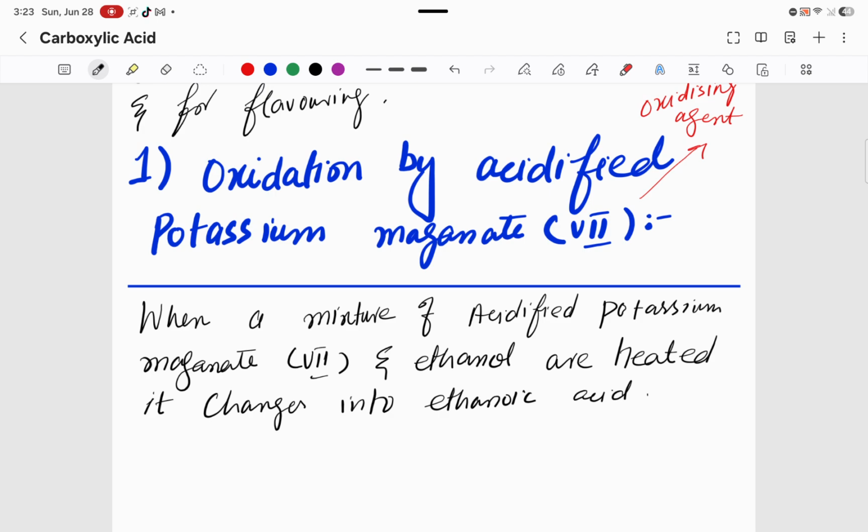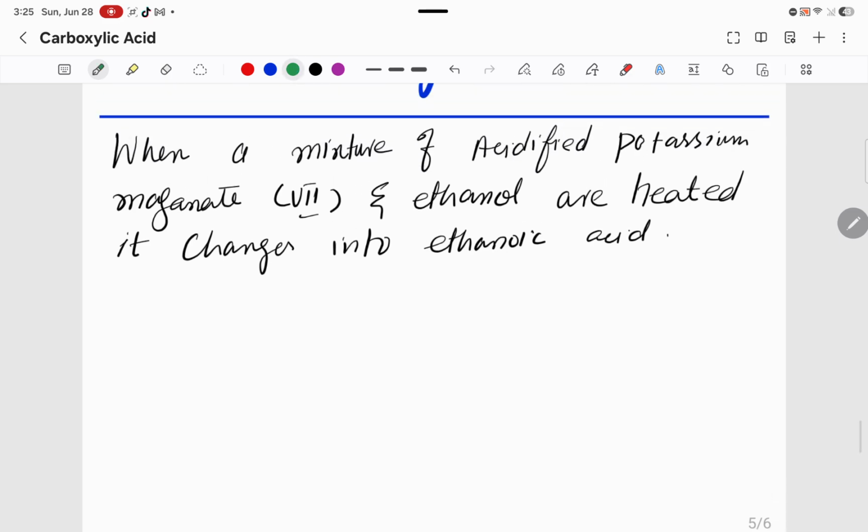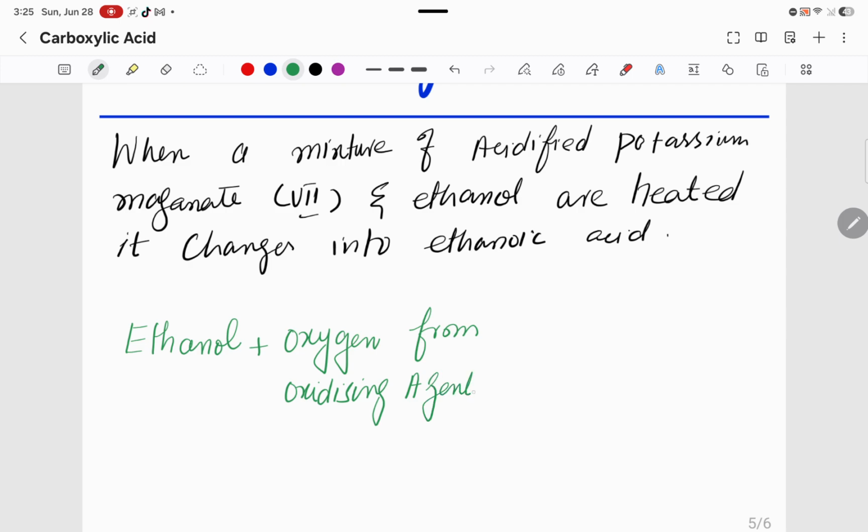Okay, so let's understand how it happens. Basically, ethanol plus oxygen from the oxidizing agent, when heated, is converted into ethanoic acid plus water.